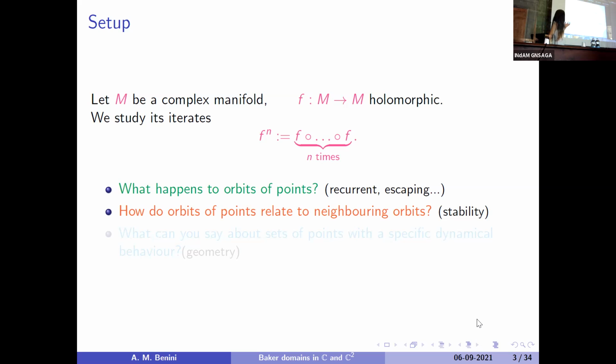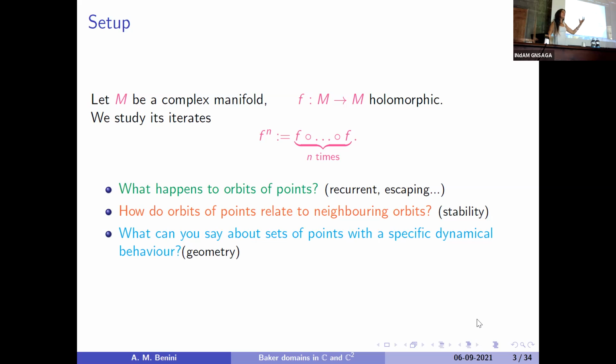The second thing that you want to look at is, now that you understand what a single point does, what's the relation? Does this point behave similarly to its neighbor, or does it do something and its neighbors do something else? And finally, once you understand how the orbits of points relate to each other, you want to split your manifold M into sets on which points do the same on the entire set.